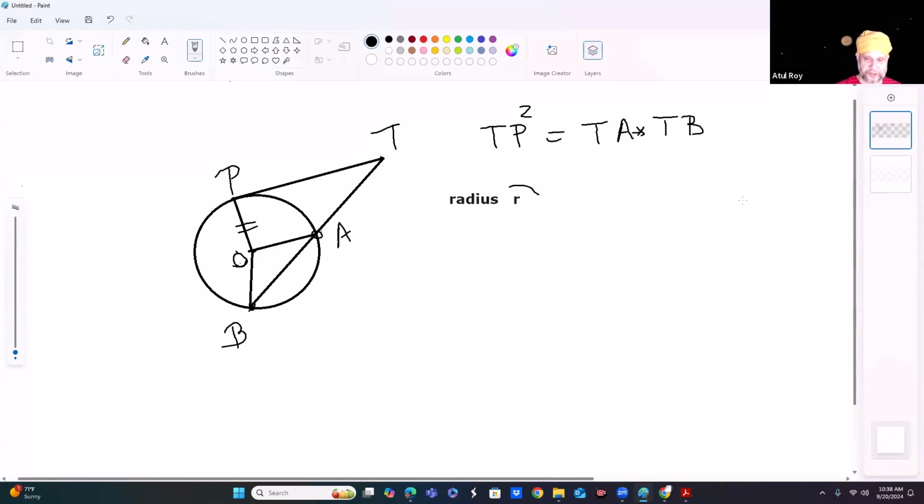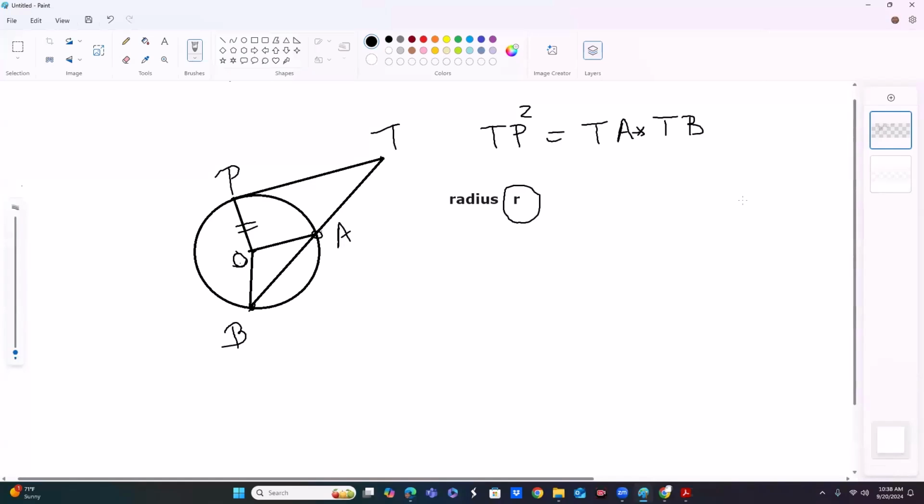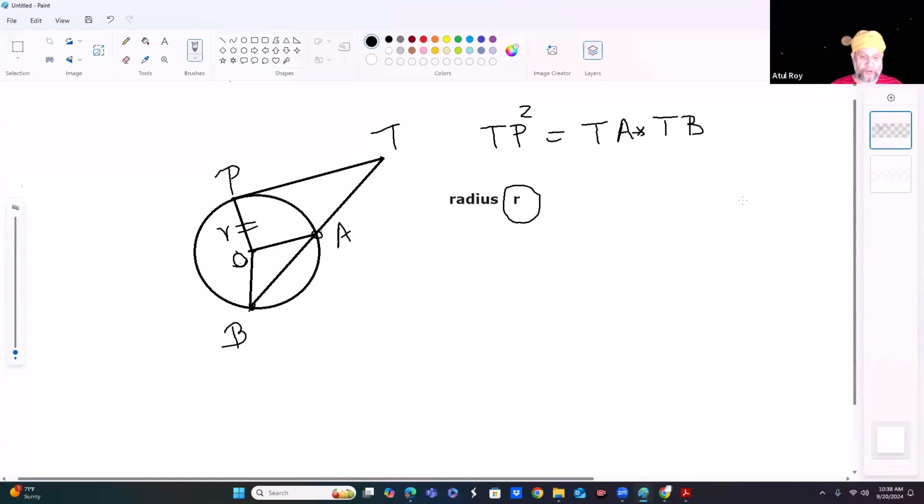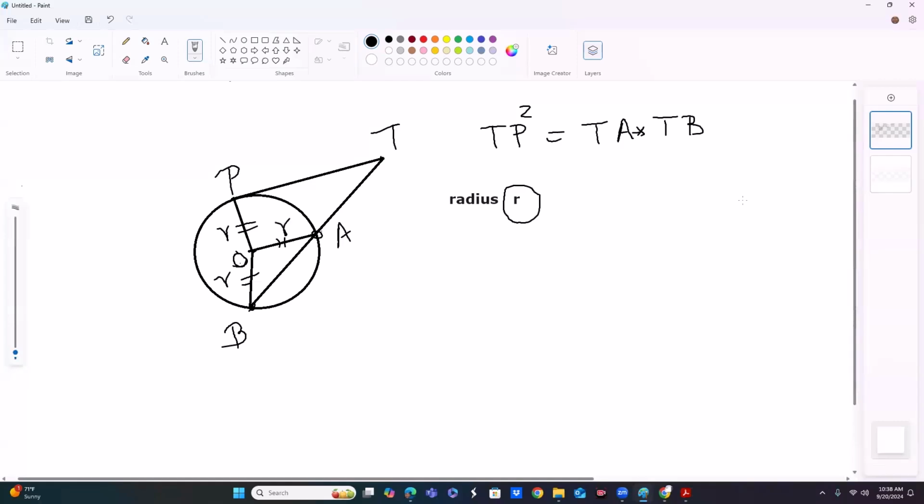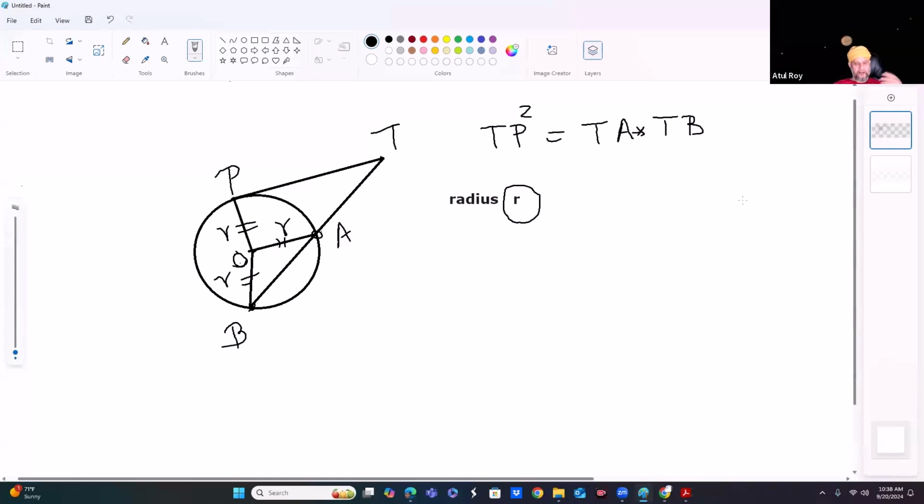See, the radius of the circle is how much? Isn't it r, right? Yes. OP is equal to OB. OP, of course, is equal to OB. Very good. And this is equal to OA. Very good. So we have all these equal to r. So we have to connect these.